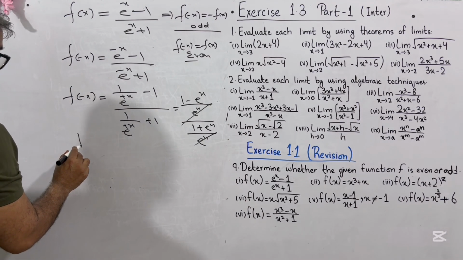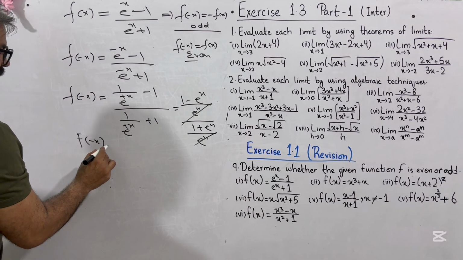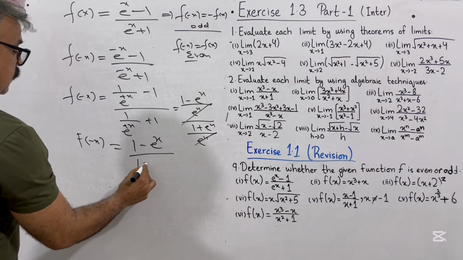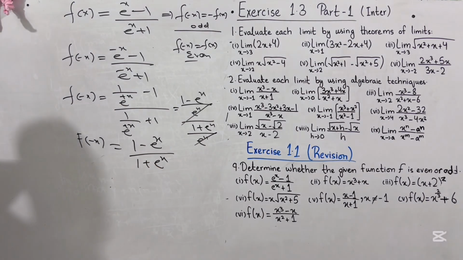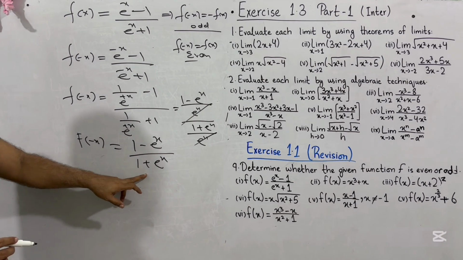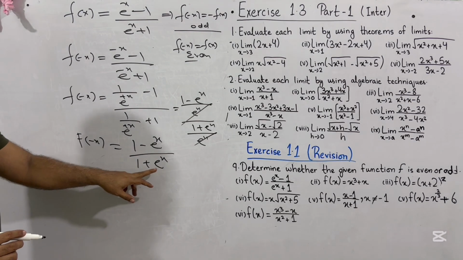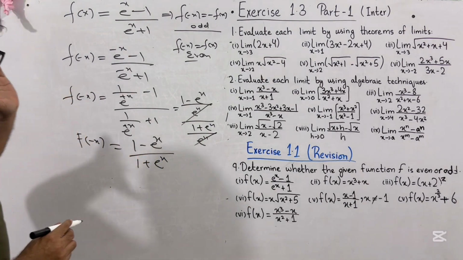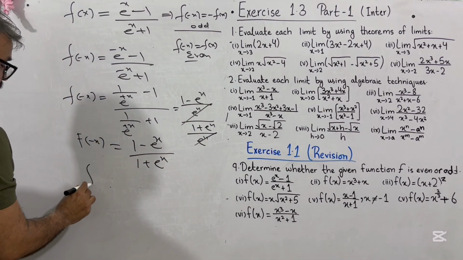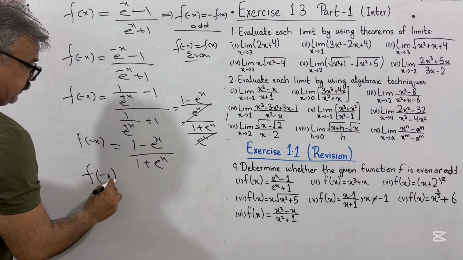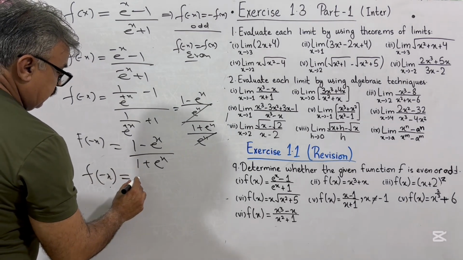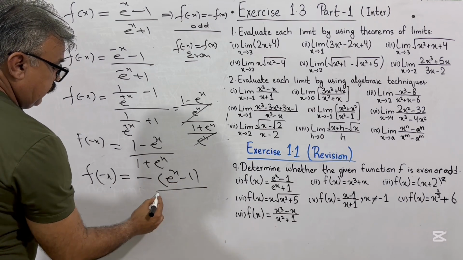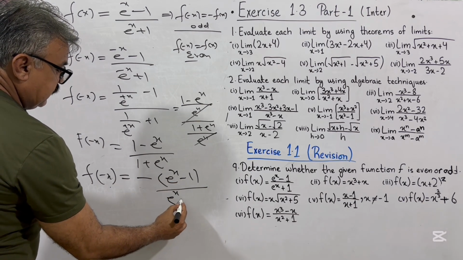What we are left with, since we are checking even and odd, is 1 minus e raised x over 1 plus e raised x. In the denominator, I can write e power x plus 1 or 1 plus e power x, it's okay. That's why I am taking only minus common from the numerator, and our situation becomes transparent enough to judge whether this function is even or odd. Taking minus common, we have e raised x minus 1 overall e raised x plus 1.